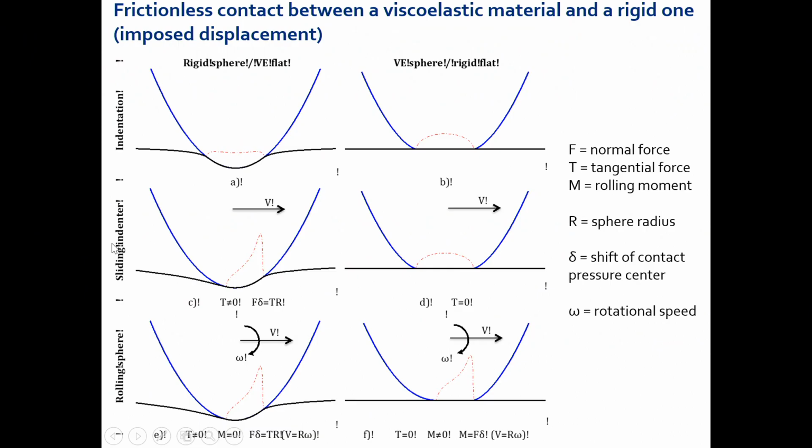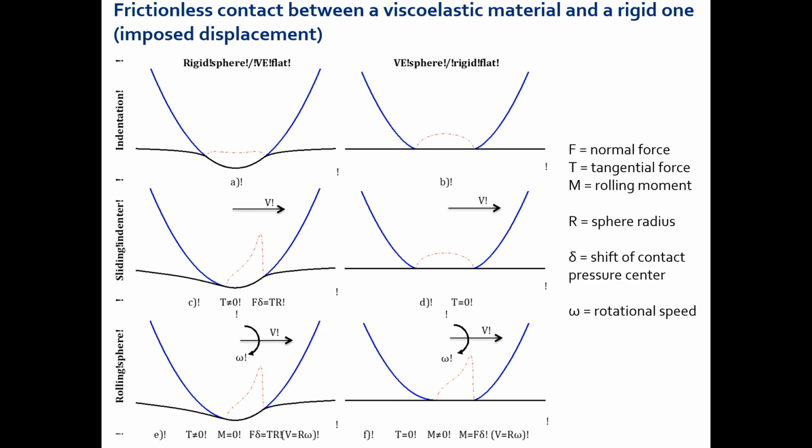Now this is when the indenter is sliding. You can see that in front of the indenter, you have a free surface, which is not already stressed. And this is the original surface. Behind the indenter, it is not symmetric anymore, because it takes time for the viscoelastic material to relax, to go back to the initial position.